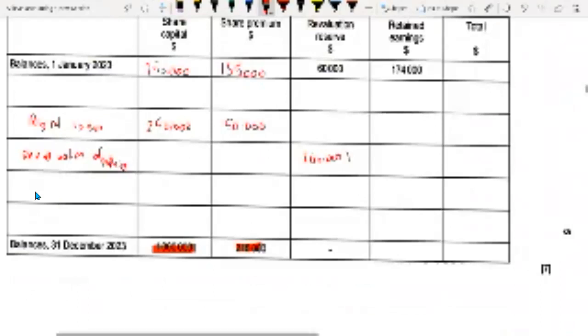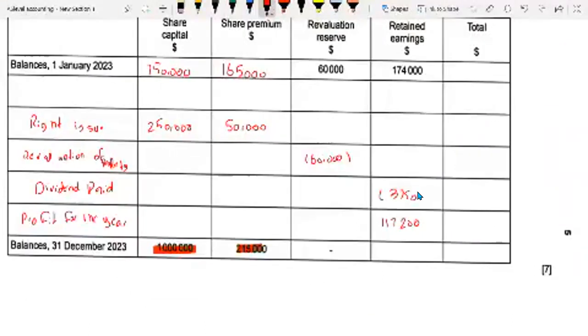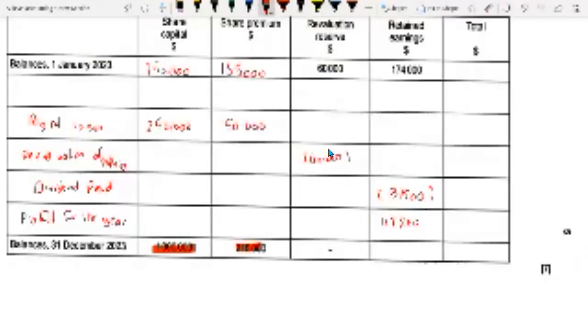So the dividend paid and the profit for the year. Profit for the year, we have to add in the retained earnings, 117,200. And dividend paid, we have to deduct from the retained earnings, which is 37,500. Okay, so let's total it.